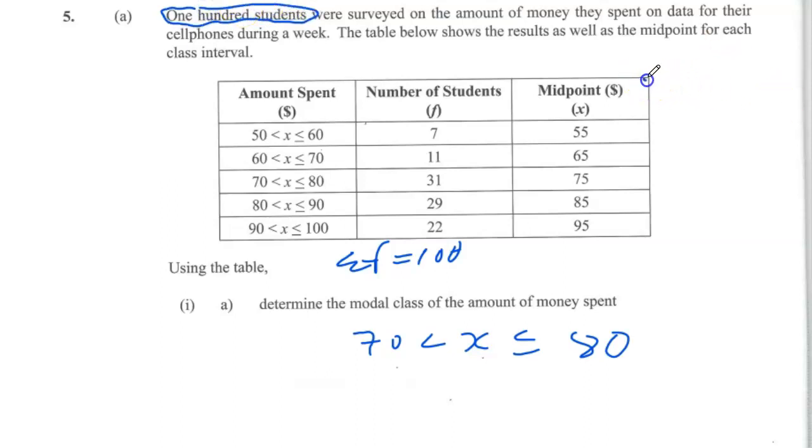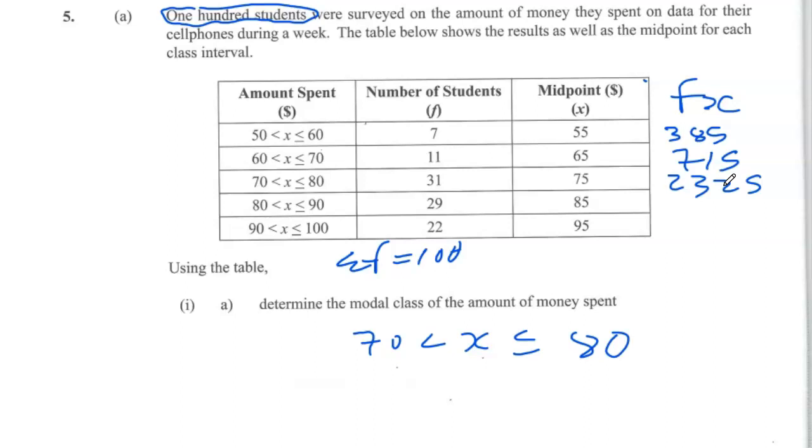Now let's find fx. Create a new column for fx, right? So fx is f times x, so 7 times 55, that's 385. 11 times 65, that's 715. 31 times 75, that's 2325.